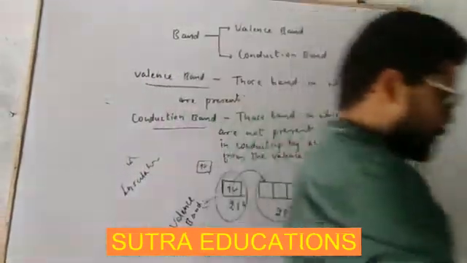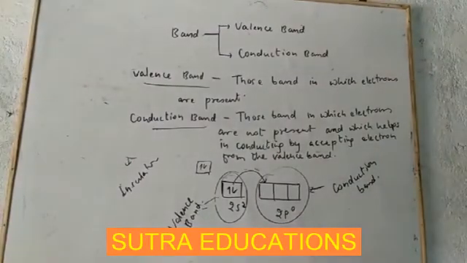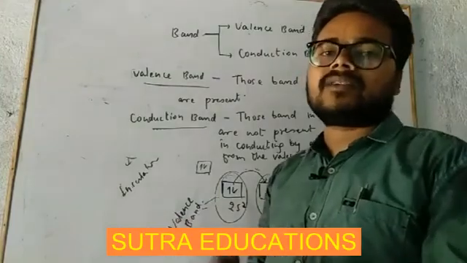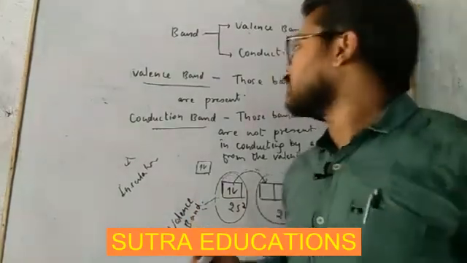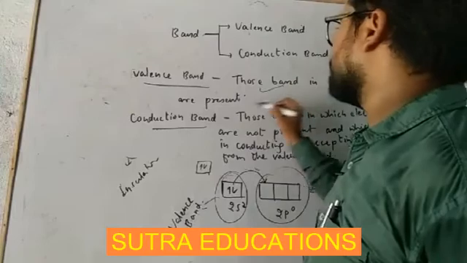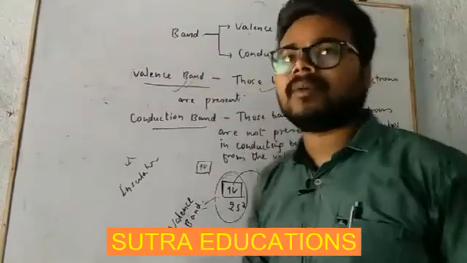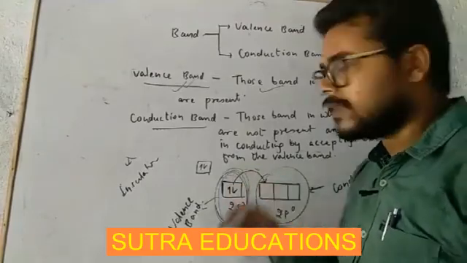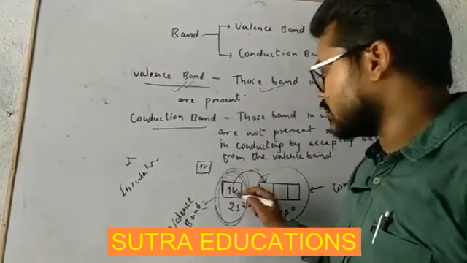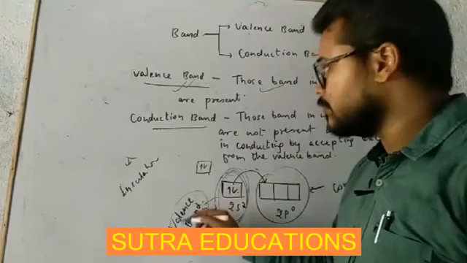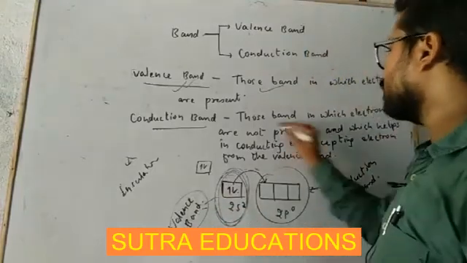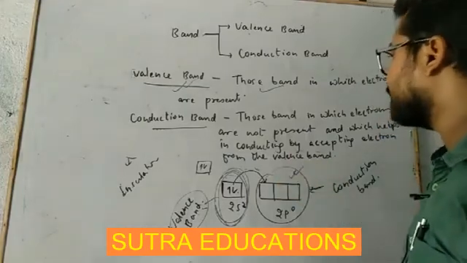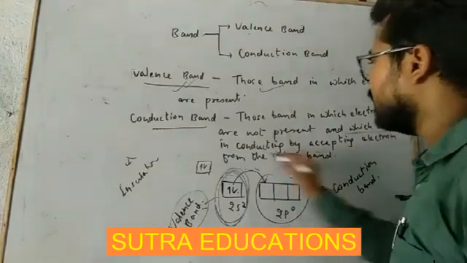Getting this? I told you what the valence band is. The valence band is the band where electrons are present. Very simple to remember: those bands in which electrons are present. Here I told you 2s2 is the valence band because electrons are present. Then the conduction band, those bands in which electrons are not present, and which help in conducting.